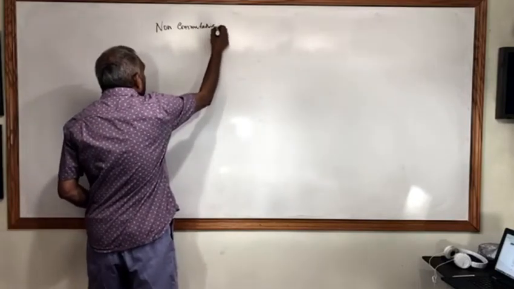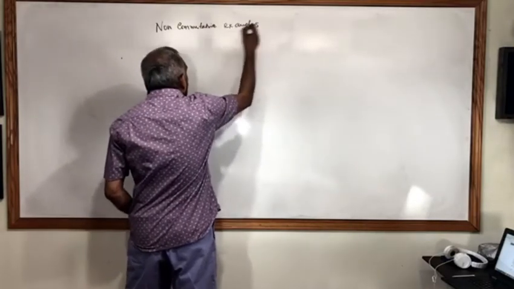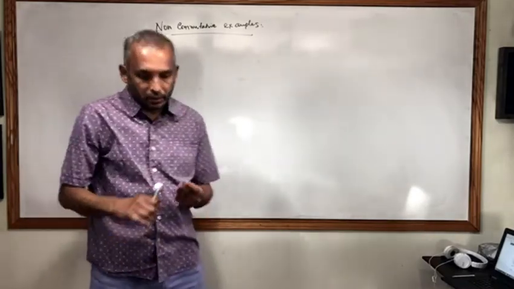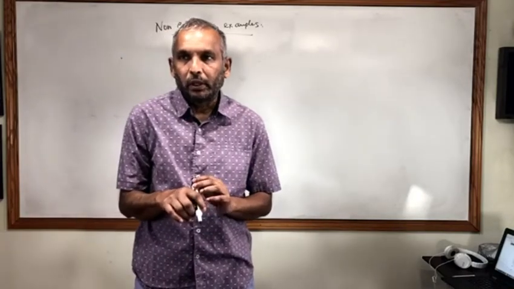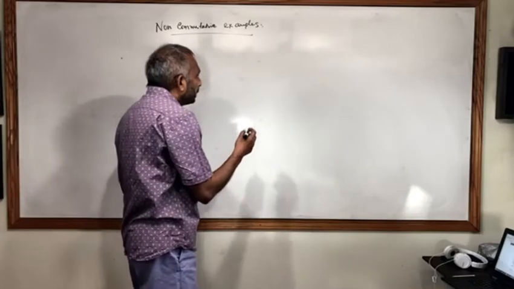Non-commutative examples. So far we've been discussing commutative rings, meaning the multiplication is commutative.